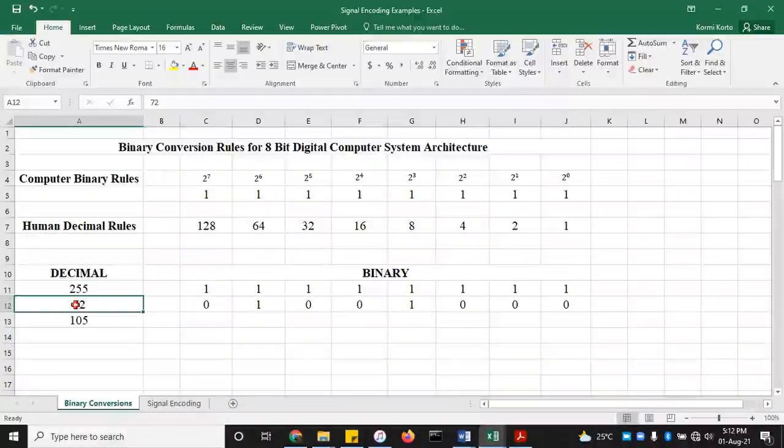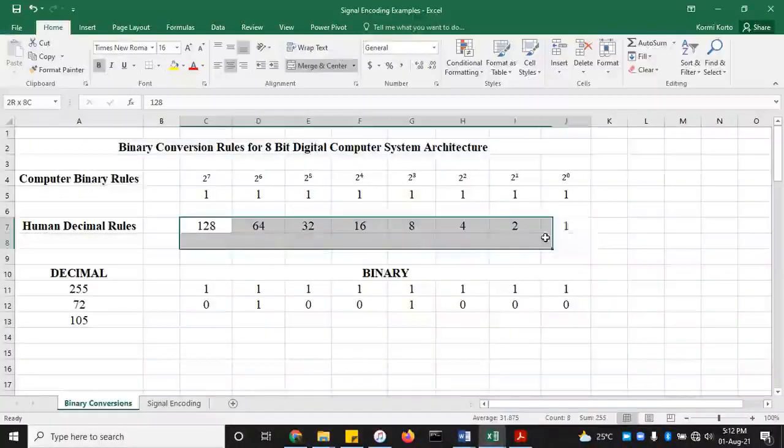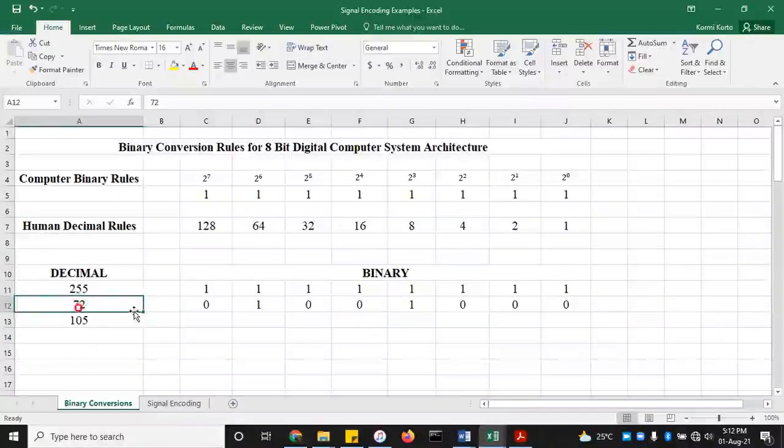So we have 72 in decimal. What will be the binary sequence of it within an 8-bit digital computer system architecture? The best way to go about that is, once you know this arrangement here and you have 72, you know the bits that need to be switched on, adding them all up to generate the decimal value of 72.